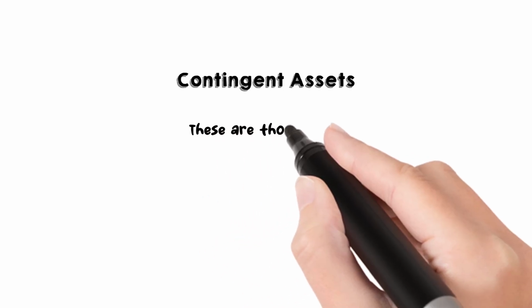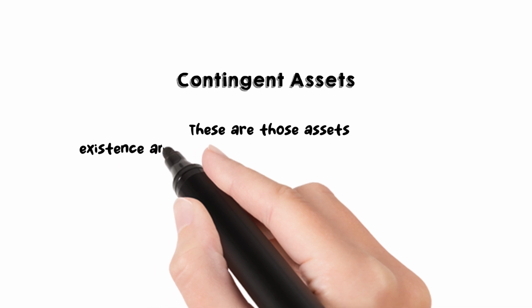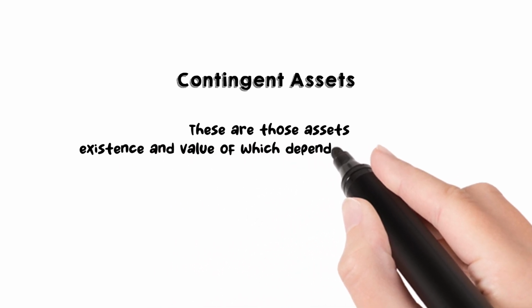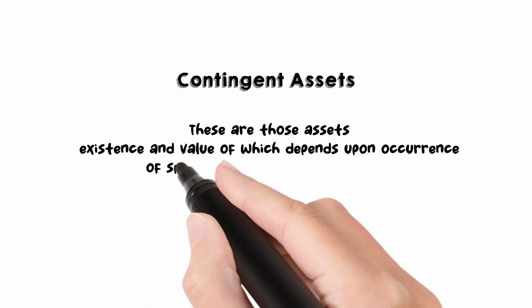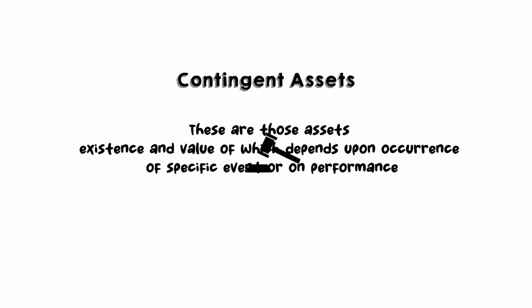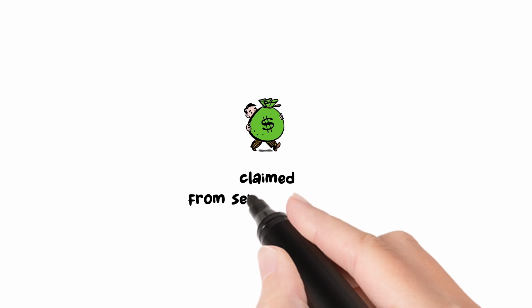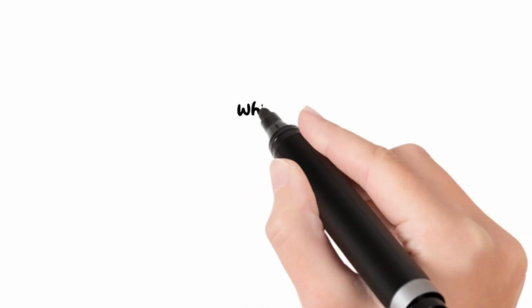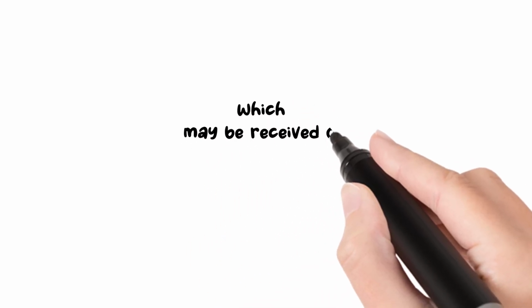These are assets whose existence and value depend upon the occurrence of a specific event or on the performance of a specific act, like compensation claimed from a service provider, which may be received on a court decision.